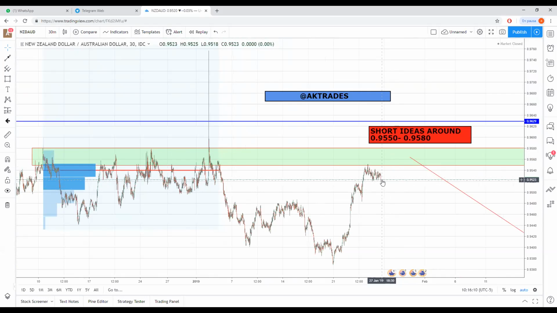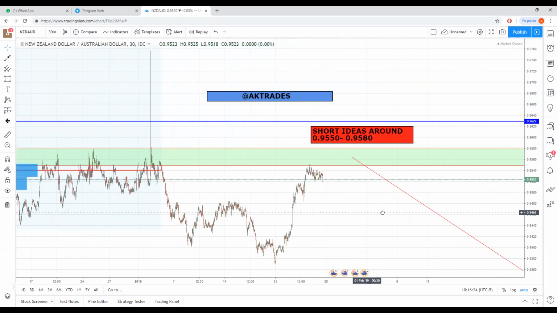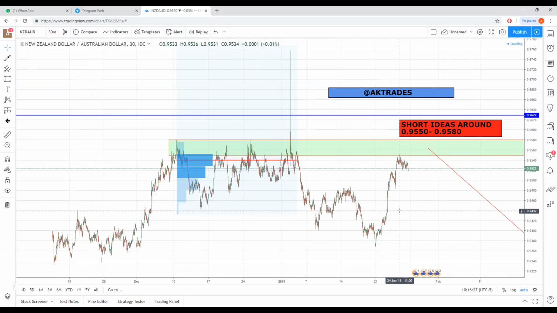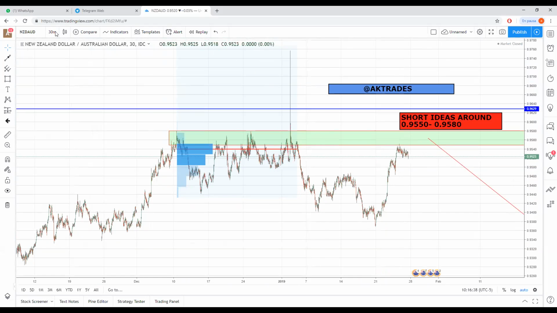But if this is a bullish flag, it could push the price a little bit higher, so be careful of that. They could even push the price all the way to 96.21. So let's be careful, but we're trying to see some sign of weakness around this area to enter this trade on the short side. So what are the possible targets for this trade?